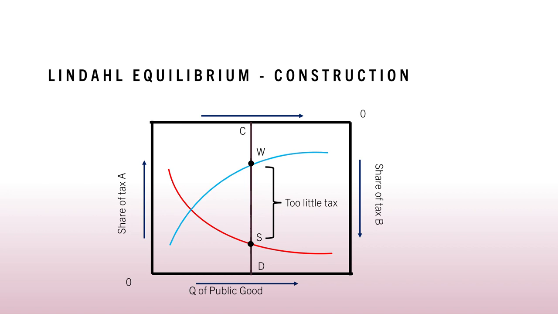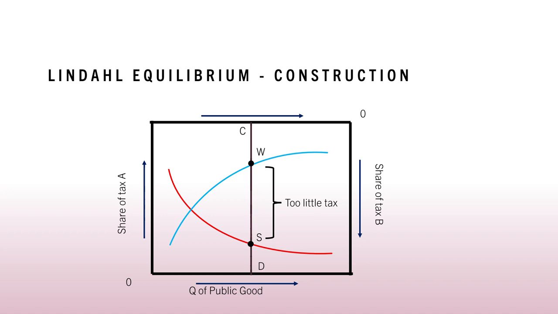And we see that there is a remaining tax which we have labeled as too little tax, which is not being paid. This means that the government is now receiving less tax as compared to the first time, when consumers were paying excess tax.